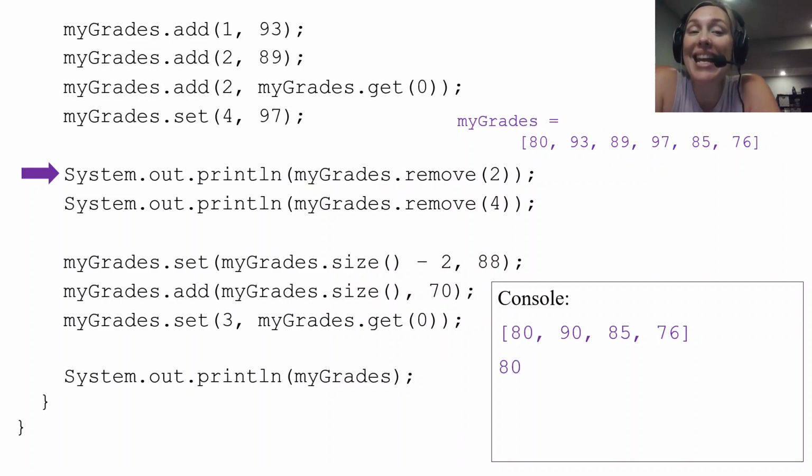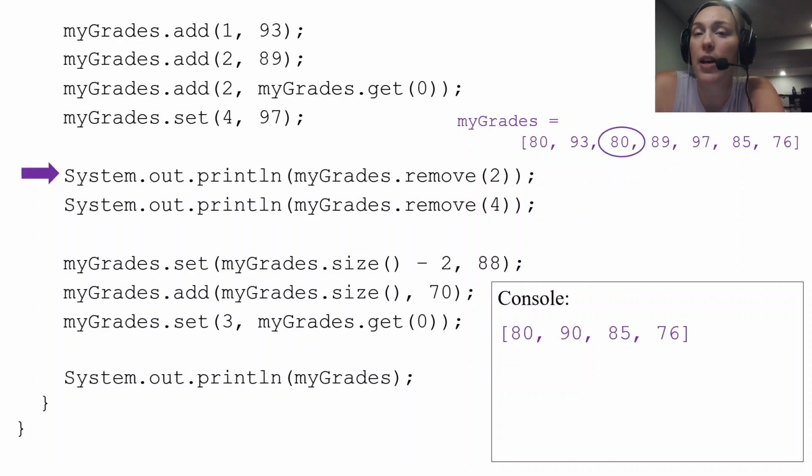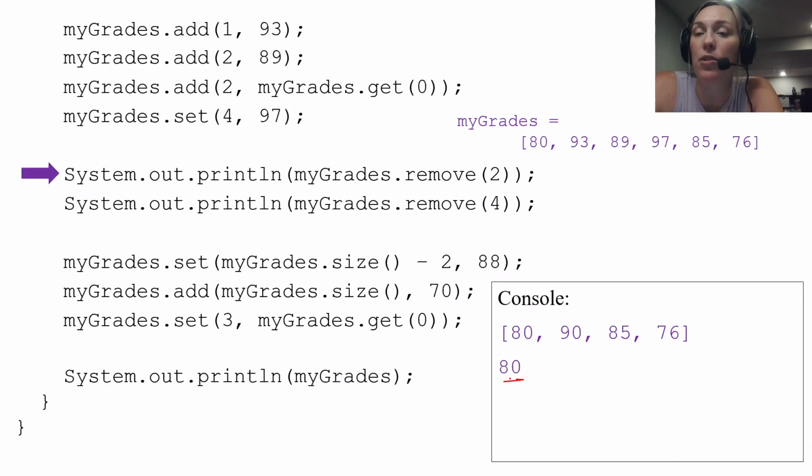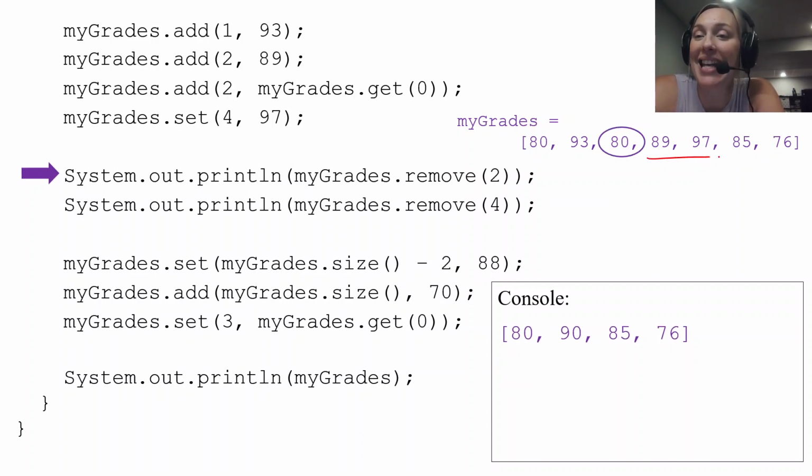So not only did the 80 get removed, see here, 80 got removed and it printed to the console. But then everything shifted over. So this 89, 97, 85, 76, it all got shifted back to the left. Just like your add method shifts everything over to the right, your remove method shifts everything over to the left.